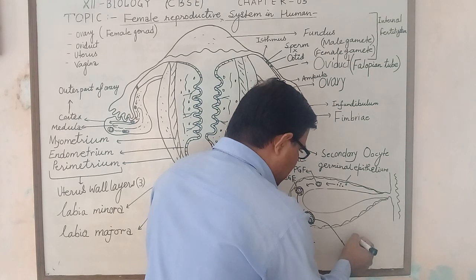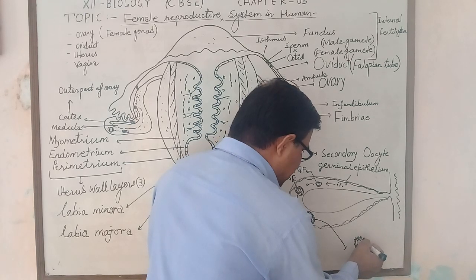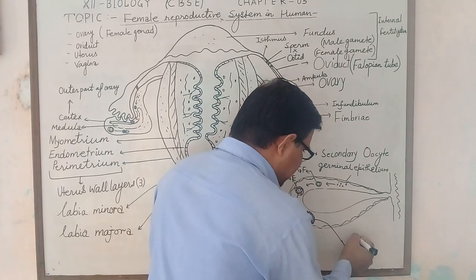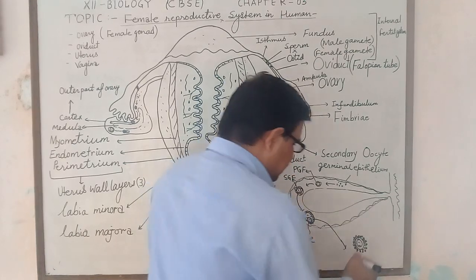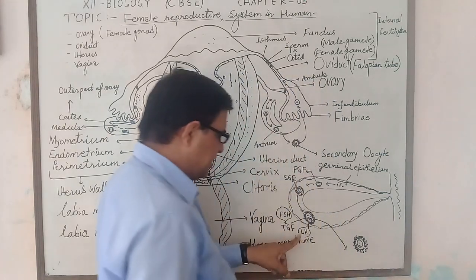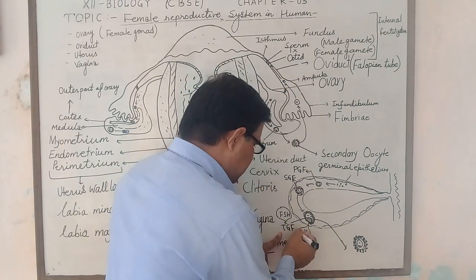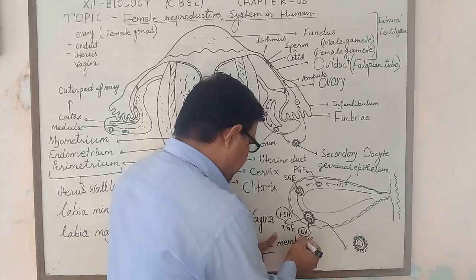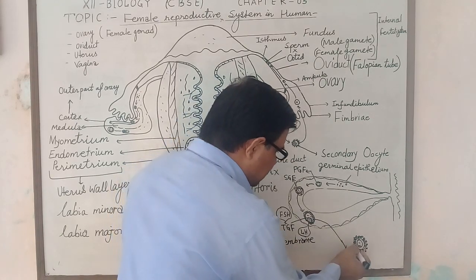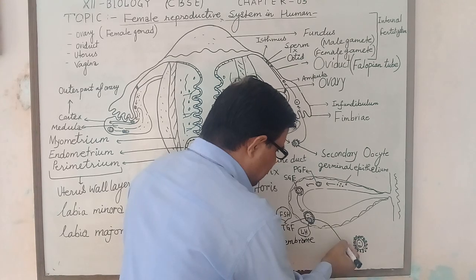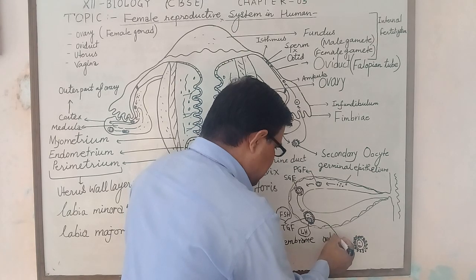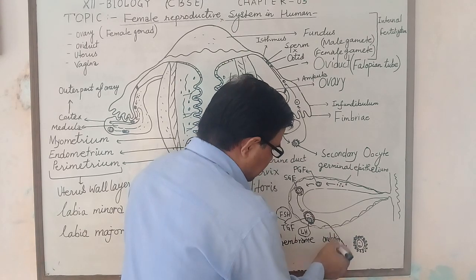The zona pellucida is surrounded by many layers of spherical cells called corona radiata. This release of the secondary oocyte from the ovary is called ovulation.